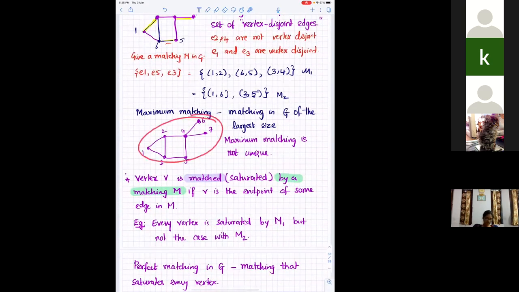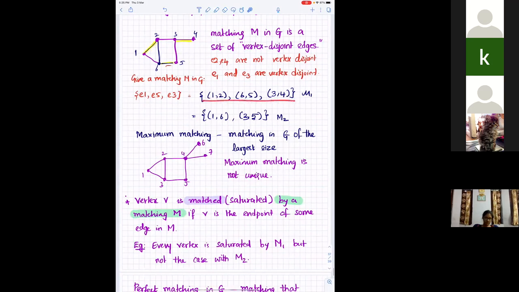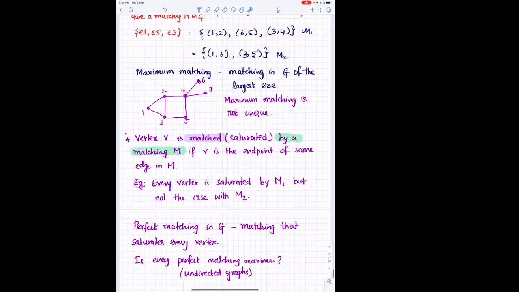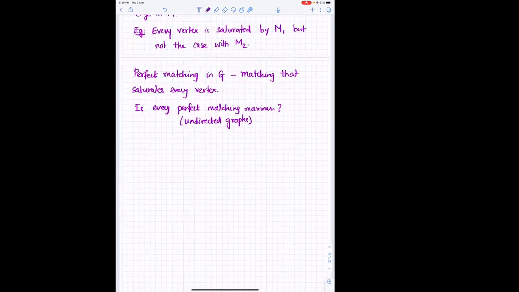If you look at a perfect matching here, for example this one, is it a maximum matching? Yes, ma'am. Because it should involve all the vertices, right? You cannot do any better. So every perfect matching is maximum. But is every maximum matching perfect?